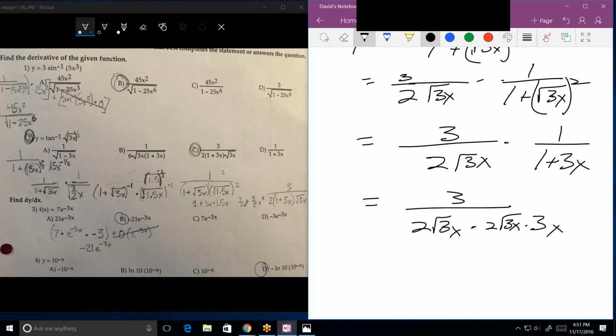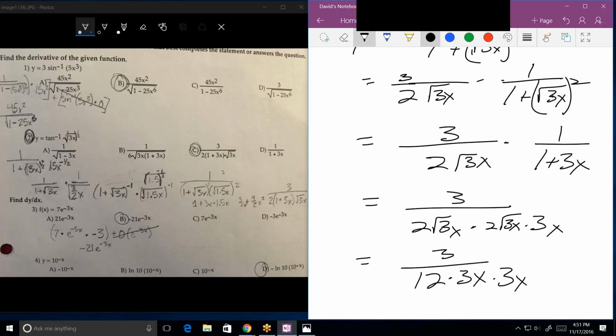Let's see. That 3 times, it looks like 12. The 2 times the 2 times the 3. So if I simplify that whole thing, I get 12 times 3x times 3x, I believe.